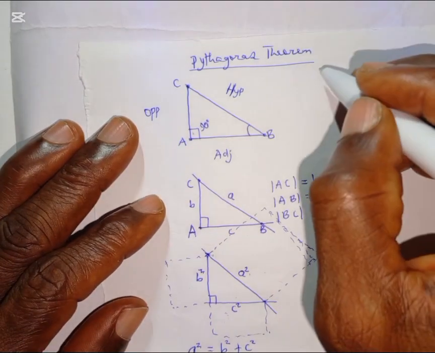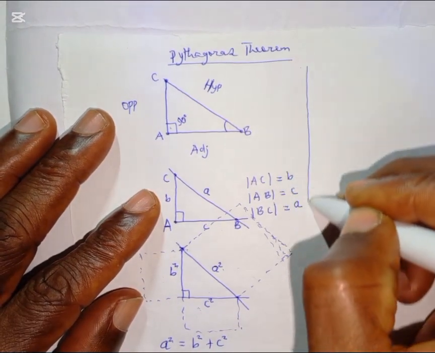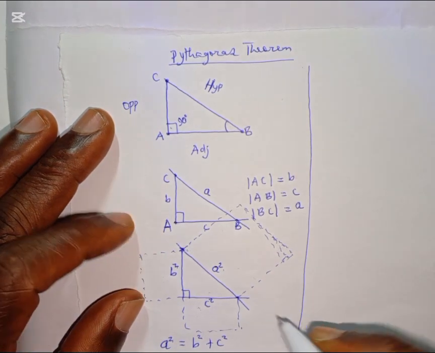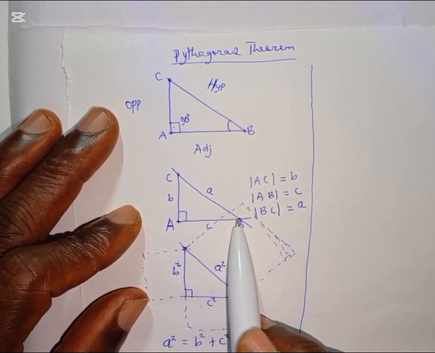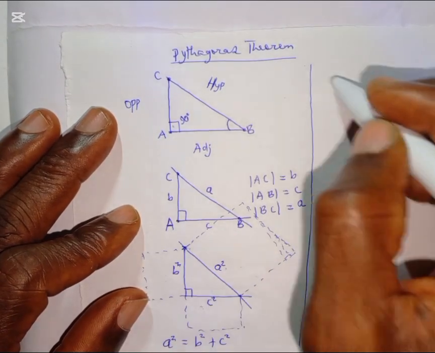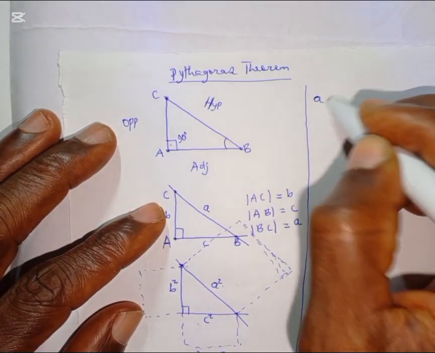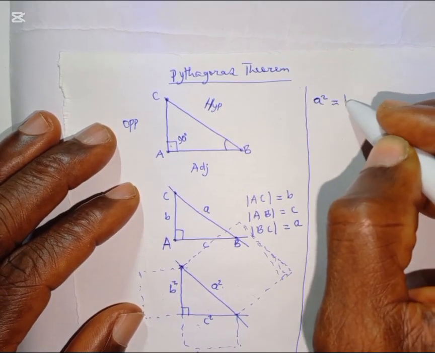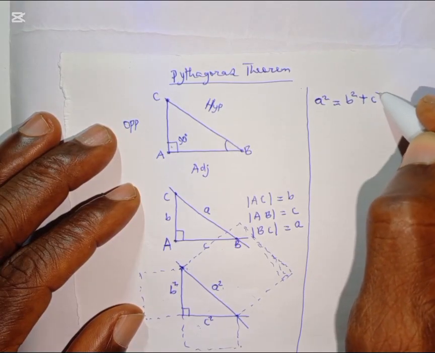And if we want to do a simple calculation, let's assume we want to find the distance between point C and A. So we simply say a square is equal to b square plus c square.